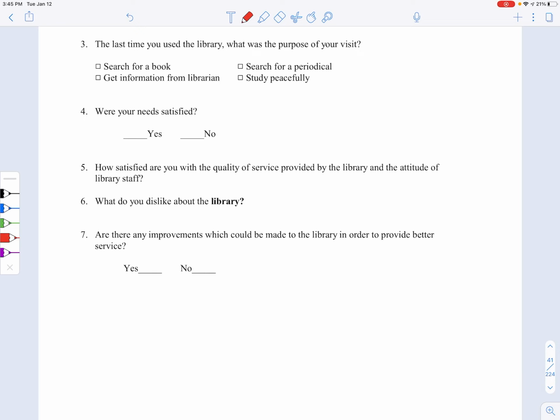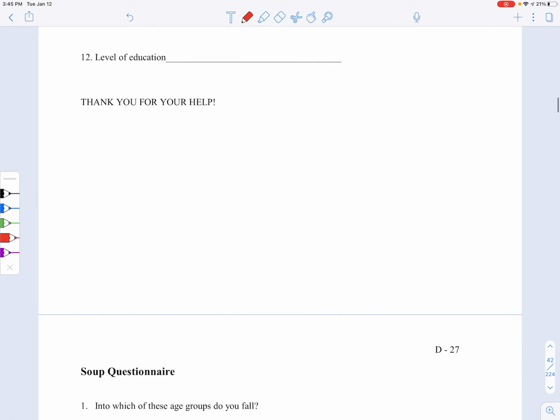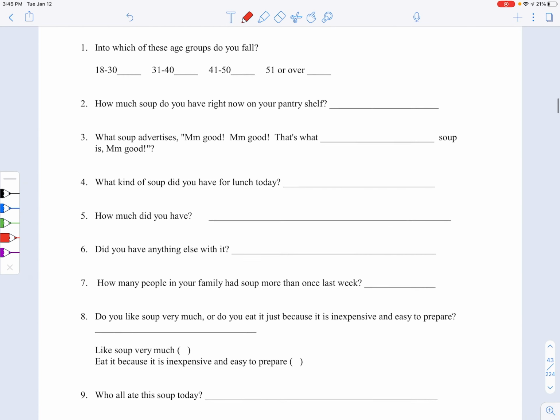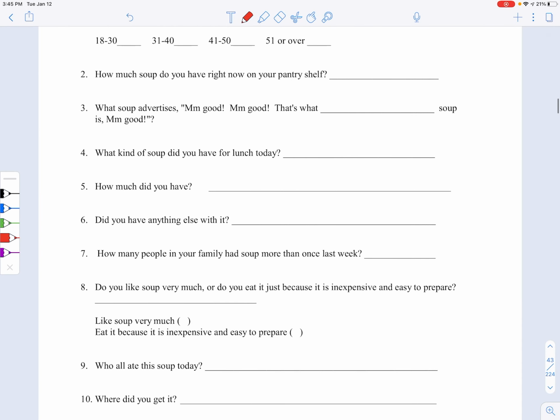And again, there are further problems with this particular one. Page 27, number 4 is the other one here: What kind of soup did you have for lunch today? There are no criteria here in terms of how to focus them in on something. The word kind itself is very ambiguous, so you'd want to give them some choices.